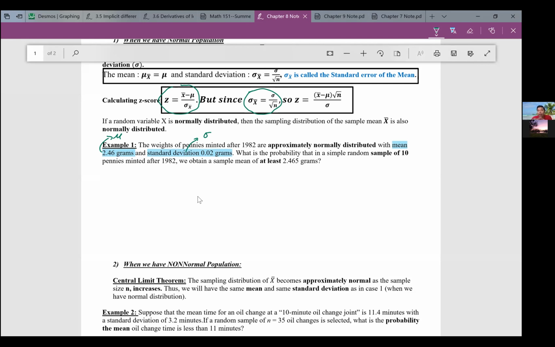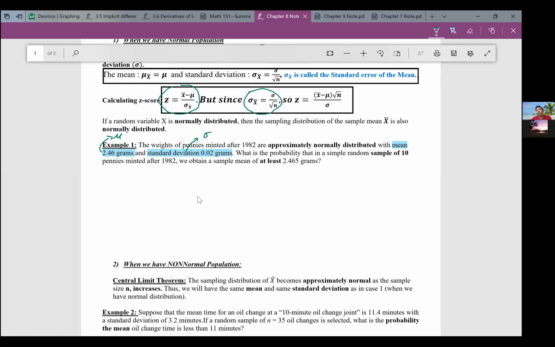Now, I just randomly want to see whether it's true or not, and I want to find out based on that information. Suppose that I randomly select 10 pennies minted after 1982 and I want to compare my mean with the one provided. I'm asking myself, what is the probability that the sample mean I just selected is at least 2.465 grams?